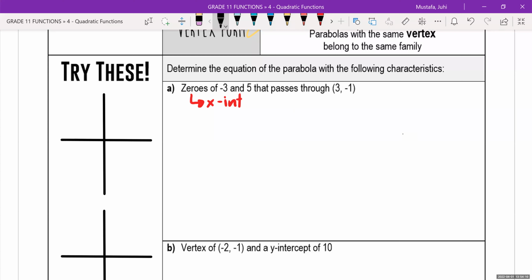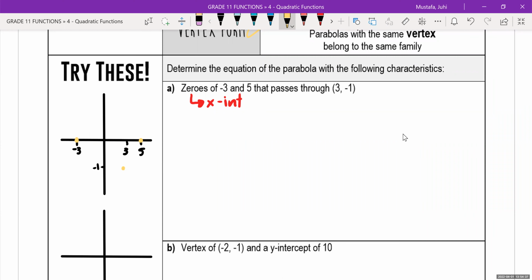I have a little scale drawn on the side. I'm just going to sketch what's happening in this question. I know that -3 and 5 are two of my x-intercepts where my parabola is going to be passing through. And the other information they've told us is it's also passing through 3, -1. So let's say this is 3. Let's say this is -1. So around this point, it's passing through. That doesn't mean it's the vertex. It doesn't mean it's the lowest point.